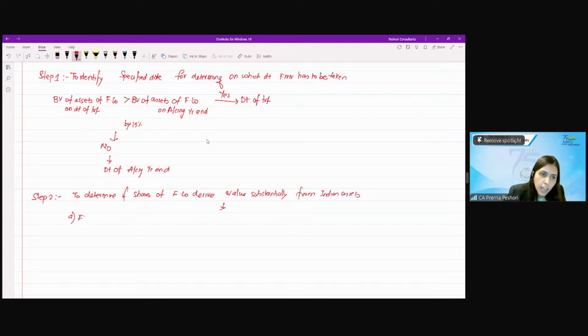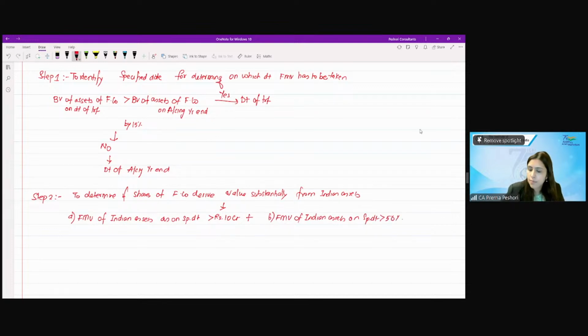A, FMV of Indian assets as on the specified date is greater than rupees 10 crore, plus FMV of Indian assets on the specified date is greater than 50% of the FMV of total assets.